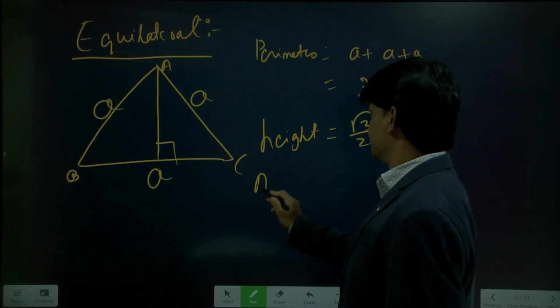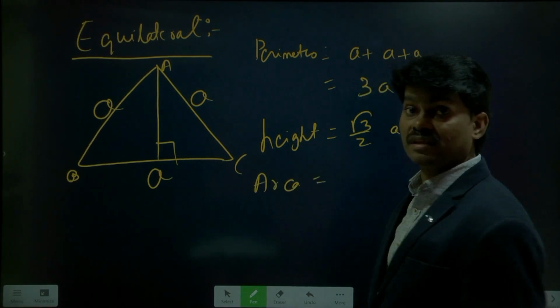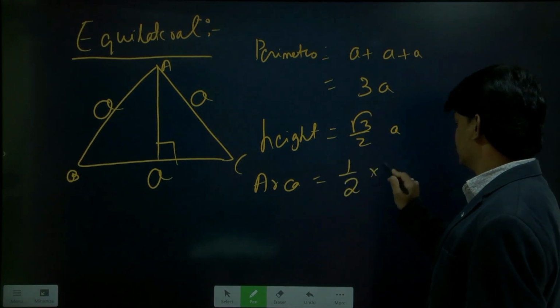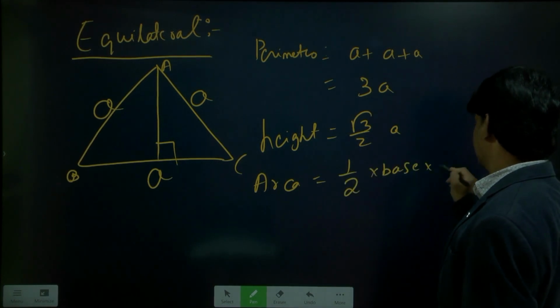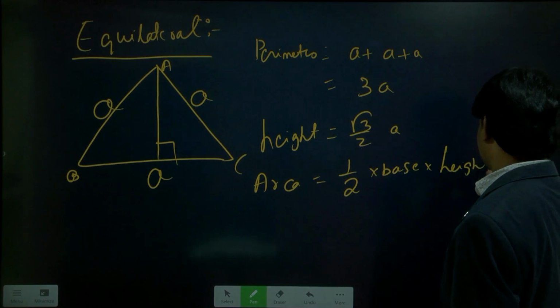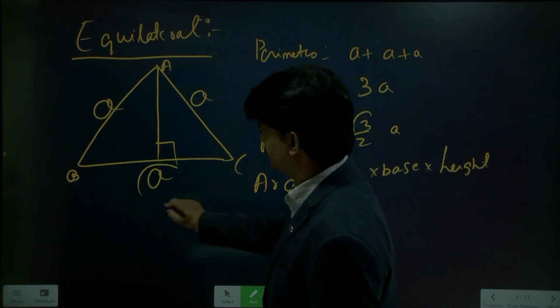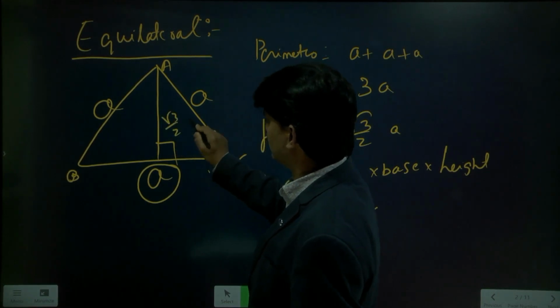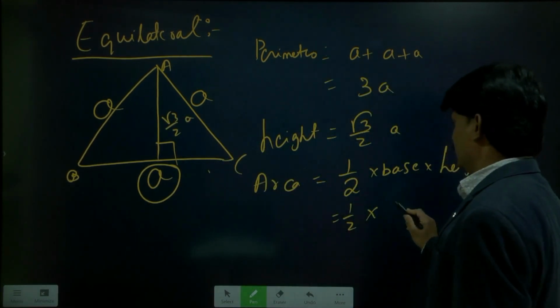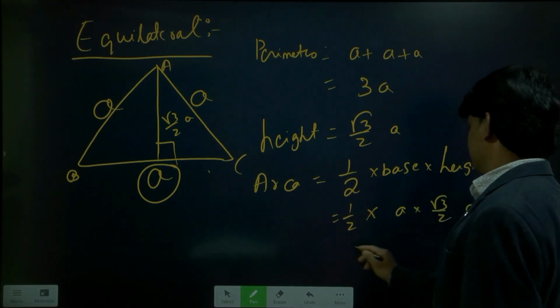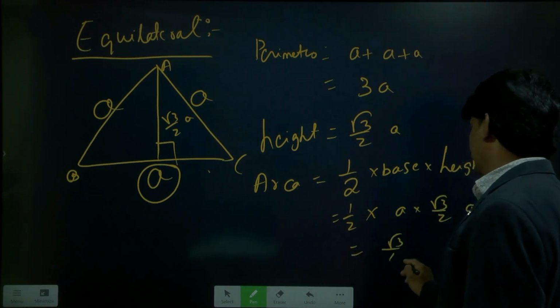Now area. In general, the area formula is half of base into height. What is the base here? The base is A. Height, just now we got, root 3 by 2 A. Base A. So the area is root 3 by 4 A square.